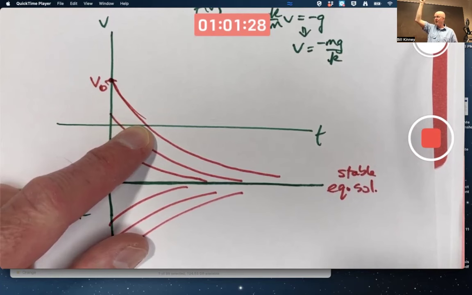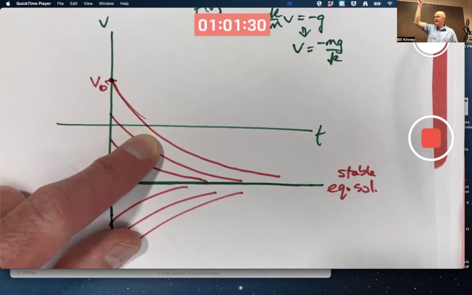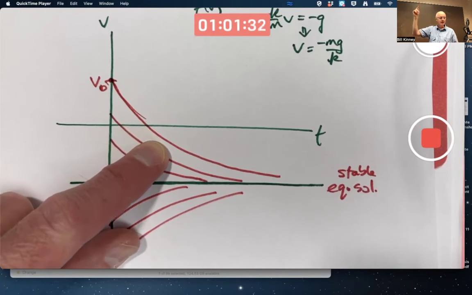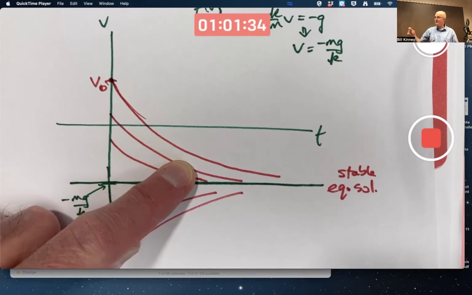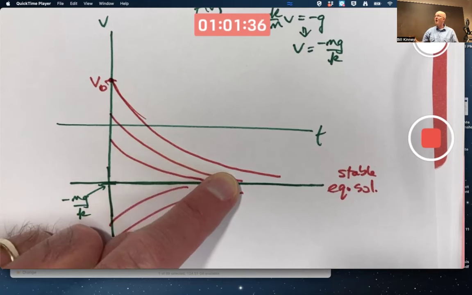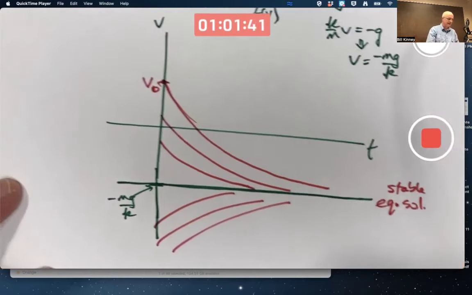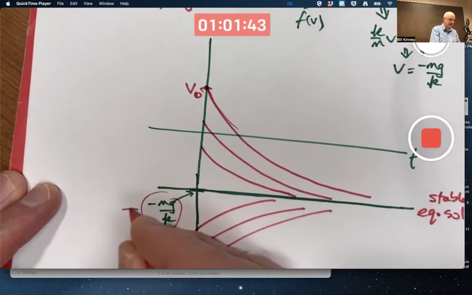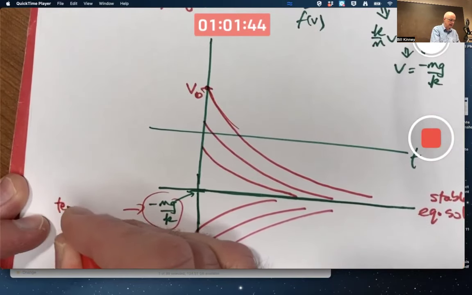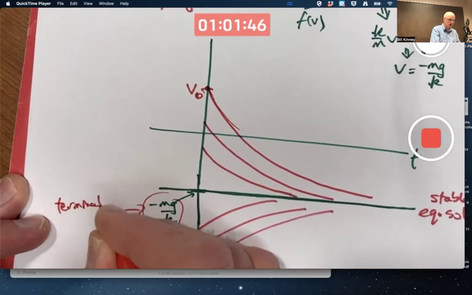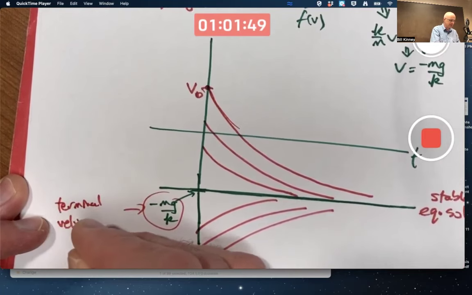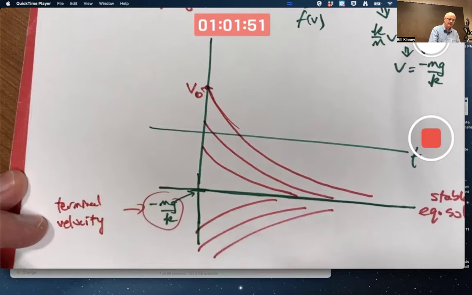You're at the highest point. Then the velocity becomes negative. It's starting to fall more and more negative. It's falling faster and faster. But it's approaching a constant negative velocity. This is called the terminal velocity.